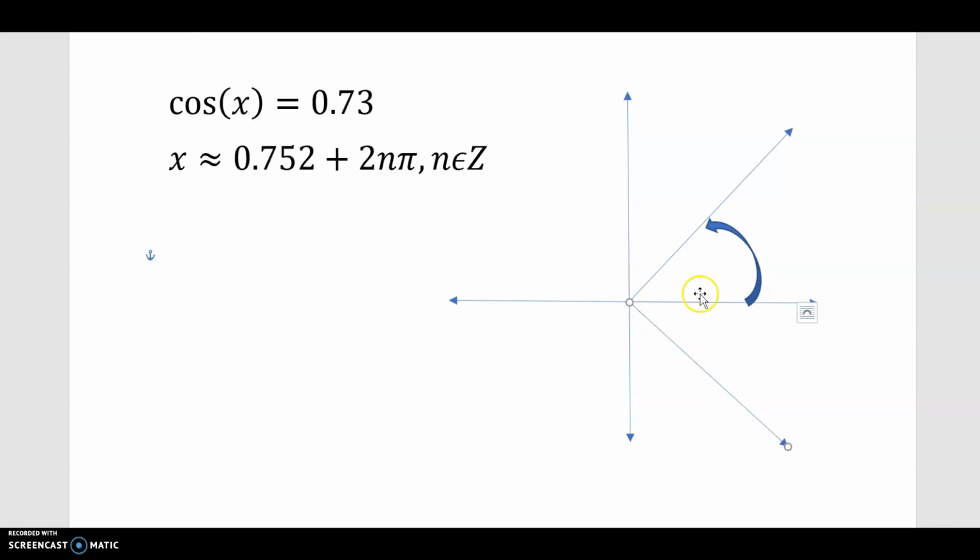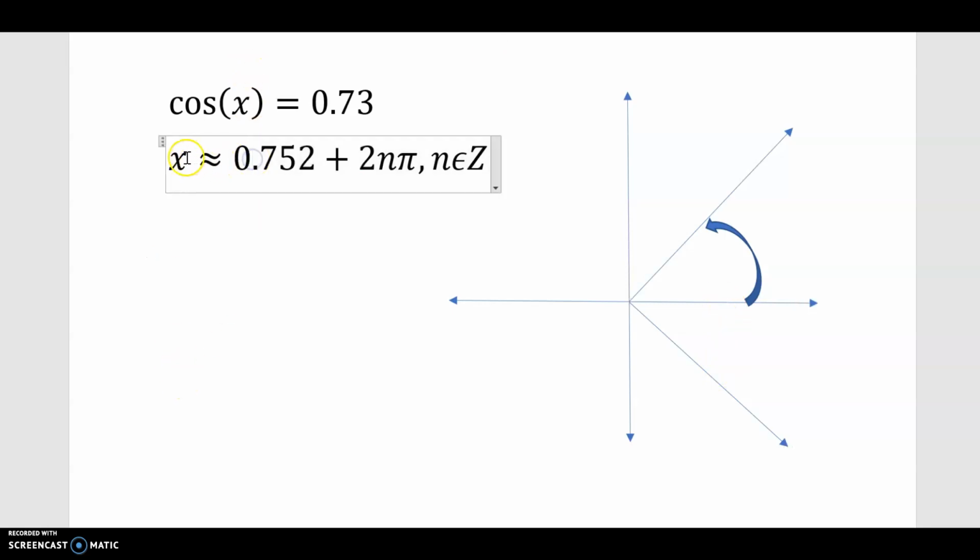Now, the interesting thing is, because the reference angle has to be the same, that means if this was a positive 0.752, this angle right here, which also has to have a reference angle of 0.752, I'm rotating clockwise, which means this angle has a measurement of negative 0.752.